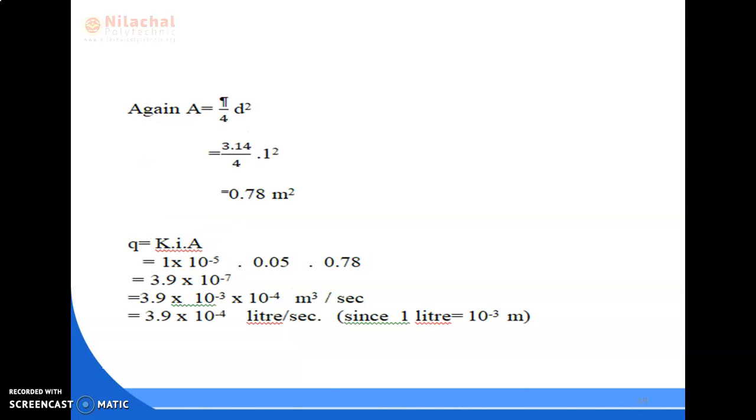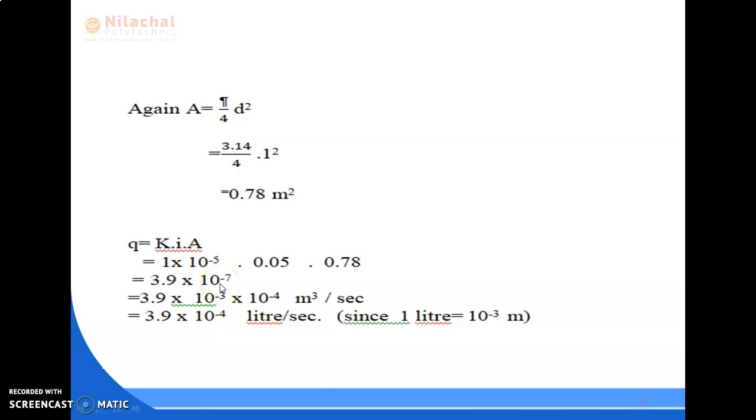Next is area. The diameter is given, so we can calculate by applying the formula A equals pi by 4 into d square. Our answer is 0.78 meter square. So the flow quantity Q equals K into i into A. Putting all the values, 1 into 10 to the power minus 5 into 0.05 into 0.78 equals 3.9 into 10 to the power minus 7.